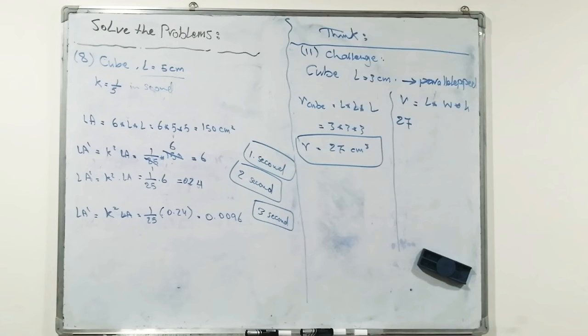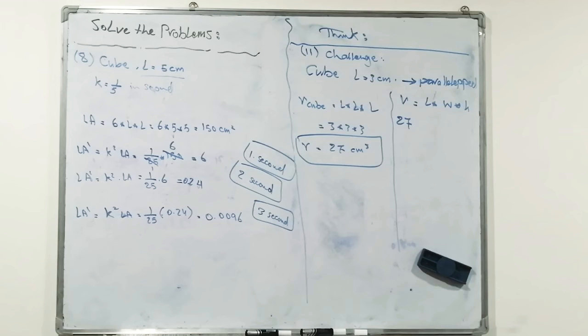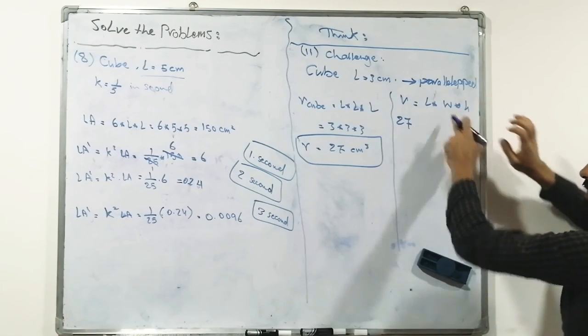By applying 2 different dilations on 2 of its dimensions, we have to change just 2 of our dimensions. Here we can keep the same length, but change the width and the height.